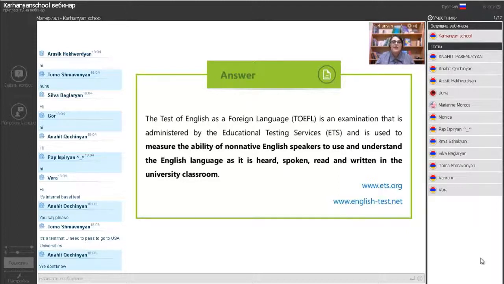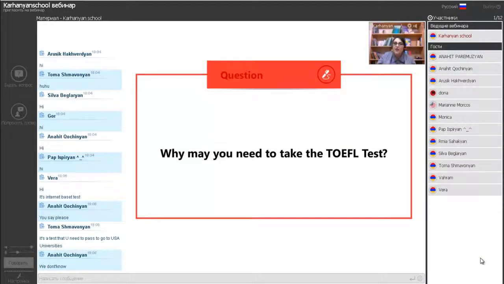So it is an examination that is administered by the Education Testing Service. So ETS is part and parcel of the TOEFL test because they are the ones who organize and structure this test. It is used to measure the ability of non-native English speakers to use and understand the English language as it is heard, spoken, read, and written in the university classroom, okay?